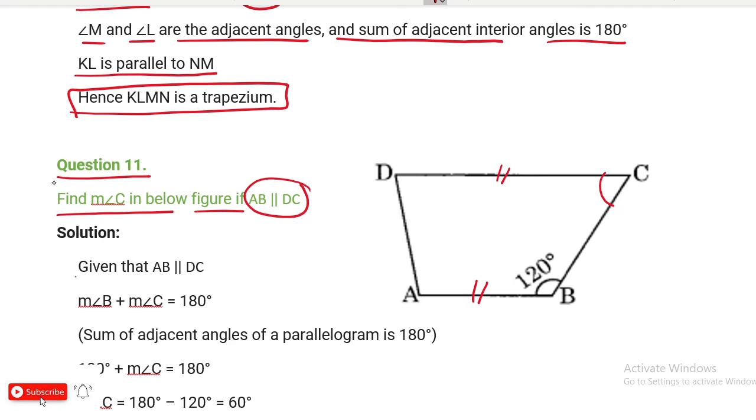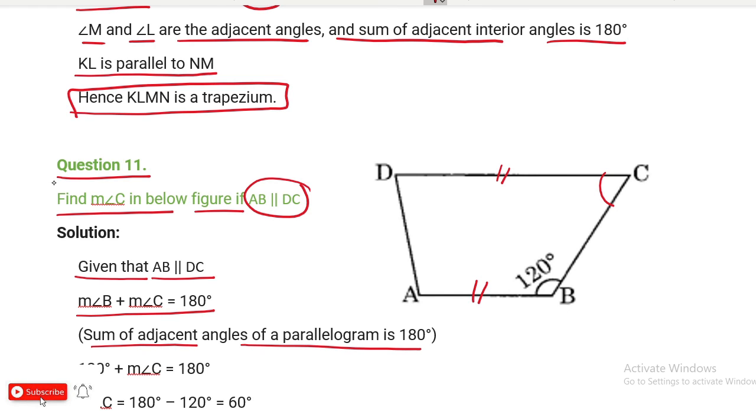Here at first we write, given that AB is parallel to DC, then the measurement of angle B plus the measurement of angle C is equal to 180. The sum of adjacent angles of a parallelogram is 180.